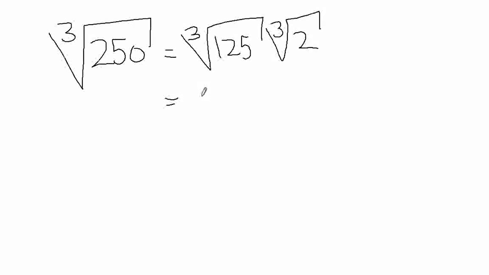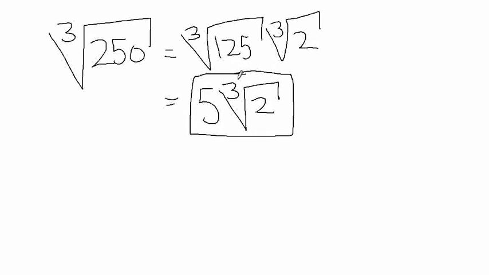The cube root of 125 is 5, and so you could simplify the original radical to 5 times the cube root of 2. Now let me have you try to simplify 2 more single radical expressions that involve other types of roots besides square roots.